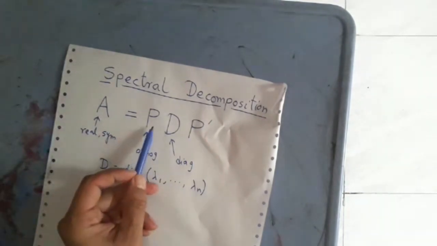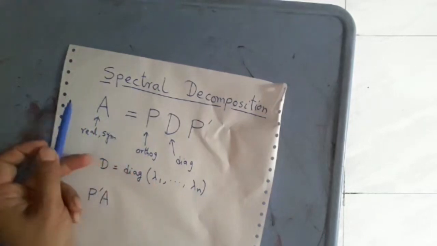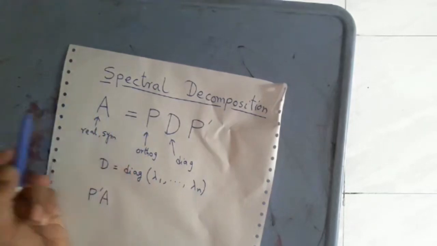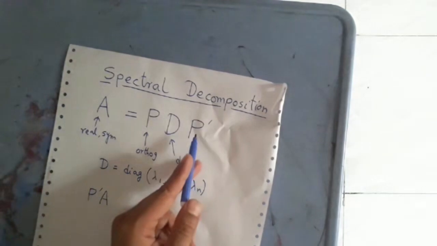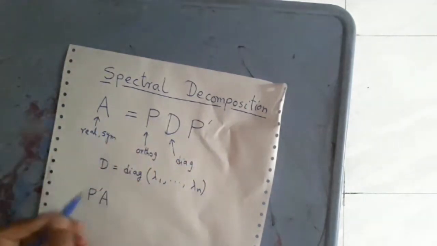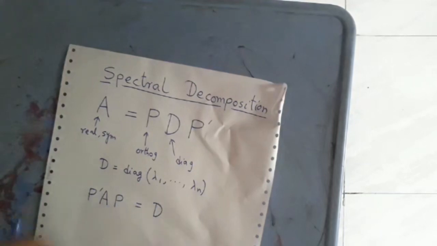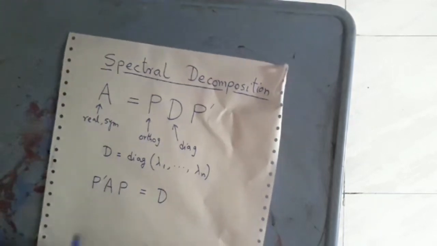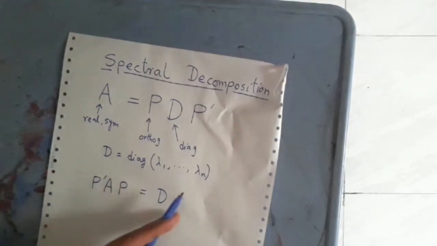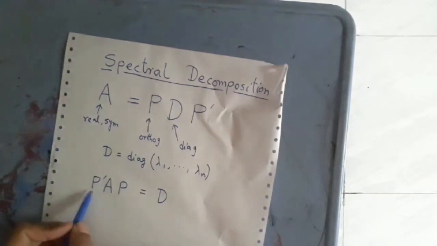When you bring P on this side, it becomes P inverse, so that is same as P transpose. Similarly, when you take the P transpose on that side, it becomes P, and that is a diagonal matrix. Once you arrive at a diagonal matrix, you can just look up the eigenvalues as the diagonal entries of the matrix. Now the problem is, how do you guess such a P?